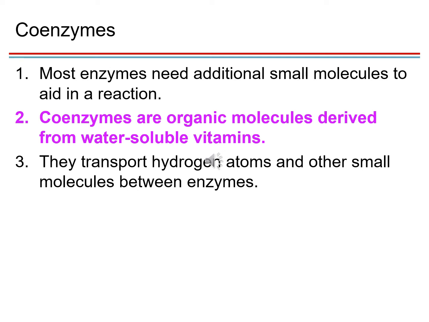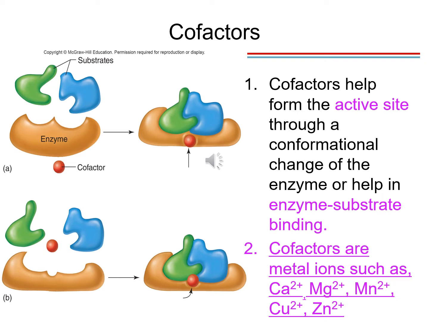in that environment. Cofactors are other very important molecules, and they also have a very important role. Not all enzymes work with cofactors, but most of them do. A cofactor is a molecule, in general a metal ion such as calcium, magnesium, copper or zinc, and its function is to help the bonding between the substrates and the enzyme in the active site.